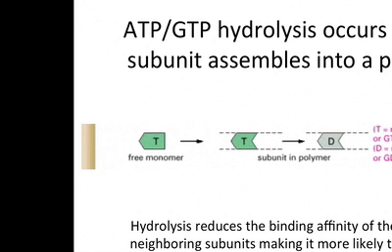But once you're in your polymer, you get this hydrolysis of T to D, and then you're more likely to leave. So you could think of it as binding affinity is stronger when you're T-bound, and once you're D-bound, you're more likely to dissociate.